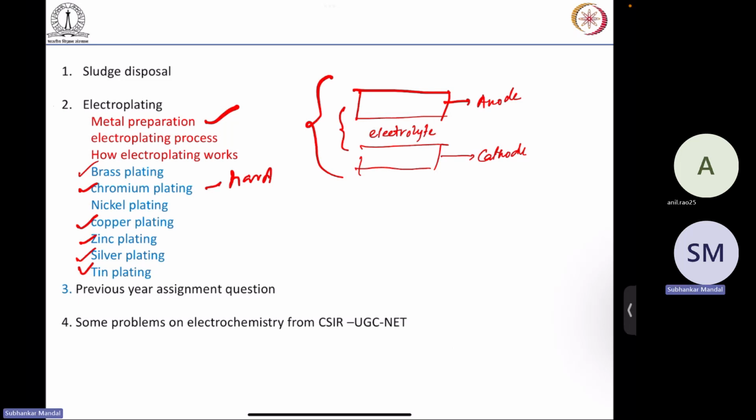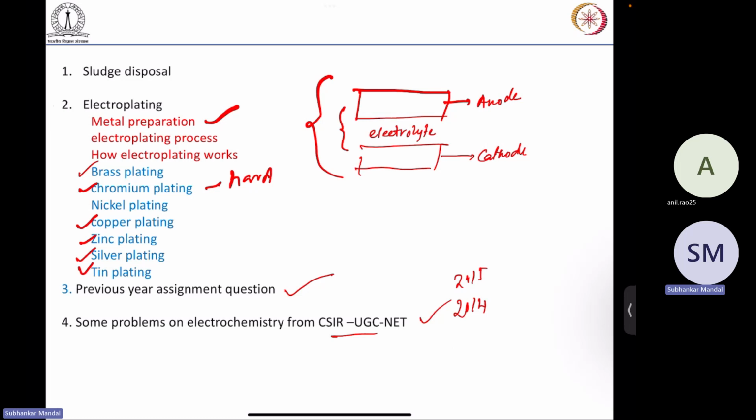We also discussed some previous year questions, assignment questions, and some problems from CSIR UGC NET, I think 2015 and 2014. On Monday, if we get time, we can discuss 2, 3 problems from the previous year questions of CSIR UGC NET.